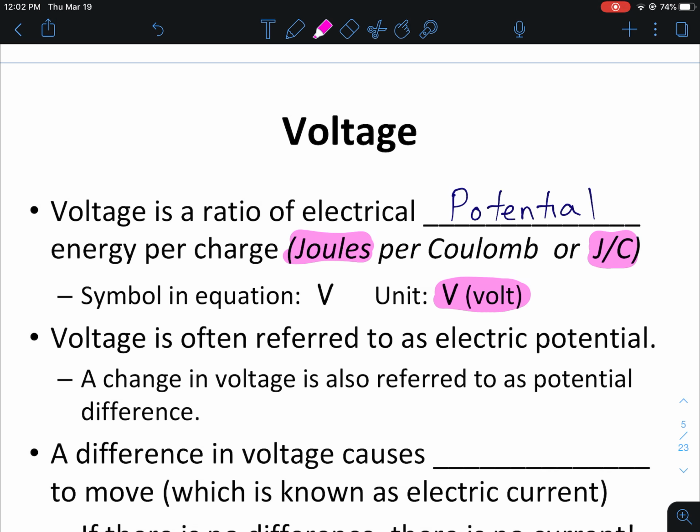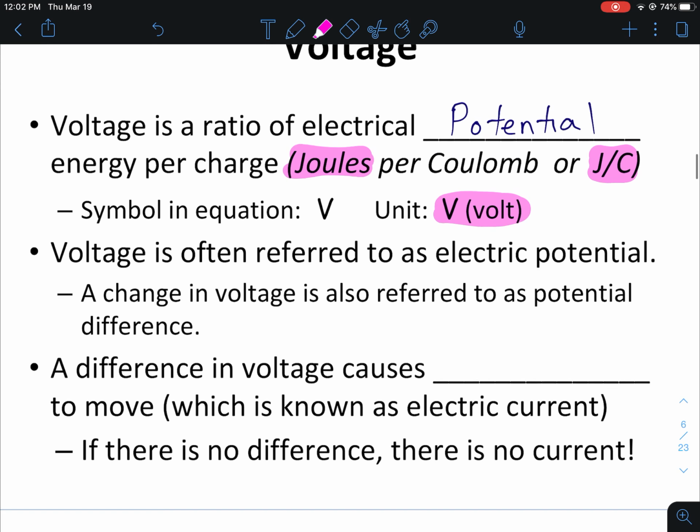You've heard of volts. You may not know this, but out of the standard wall socket, you usually have about 110 to 120 volts of voltage, of electrical potential. Most batteries, a standard battery, gives out maybe 1.5 volts, like a AA or a AAA. Your car battery usually runs on about 12 volts.